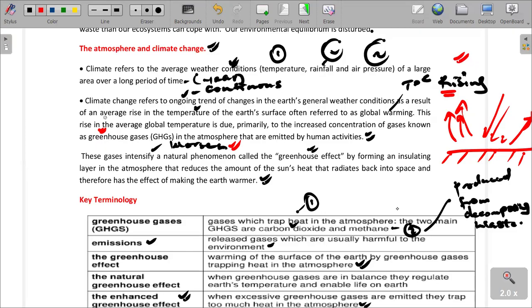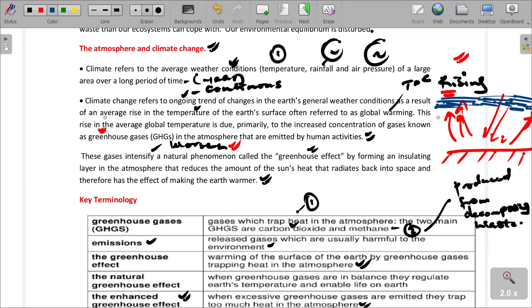But what happens is that we have a blanket of gases that are accumulating, forming a sheet that insulates the earth. So we can say, for example, this is an accumulation of gases found up in the atmosphere, such that when heat is reflected back into space, it cannot go beyond this blue line that I've drawn here.